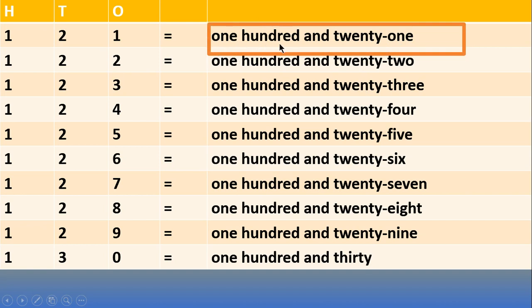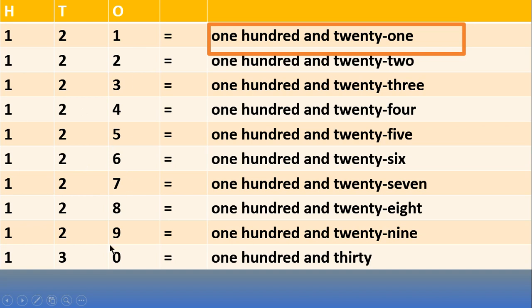ONE 1, HUNDRED 100, and TWENTY 20, ONE 1. Very nice. Similarly, you are going to write all from 122 to 129. Don't forget to put equals to sign and dashes between the numbers.